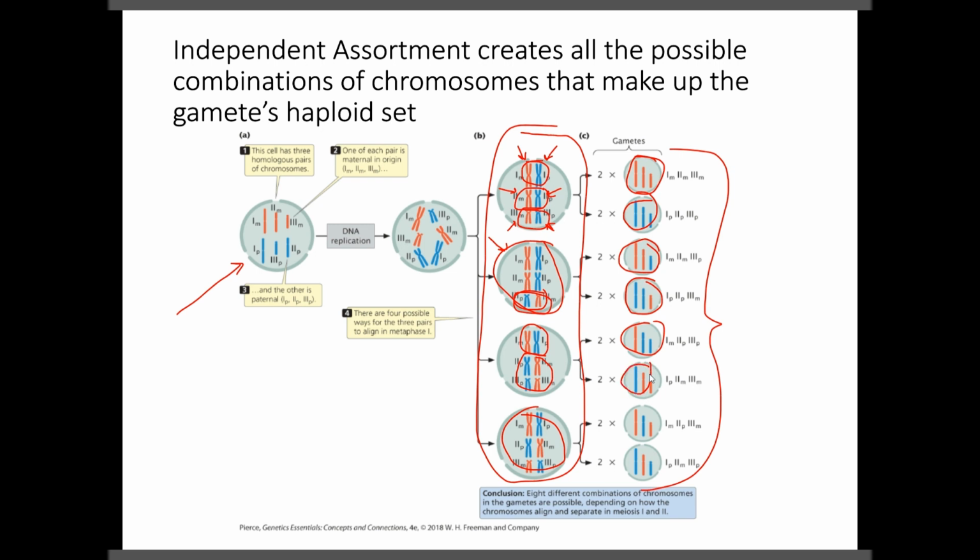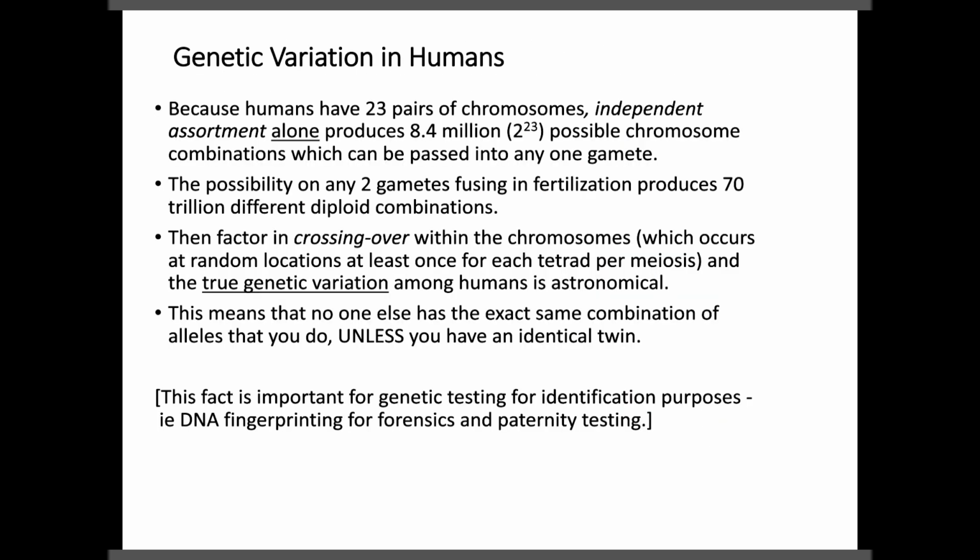The only rule for meiosis is that each gamete has to have a full set, and a full set in this example is one large, one medium, one small. And so independent assortment creates lots and lots of possible combinations for that haploid set of chromosomes that's in the gamete.